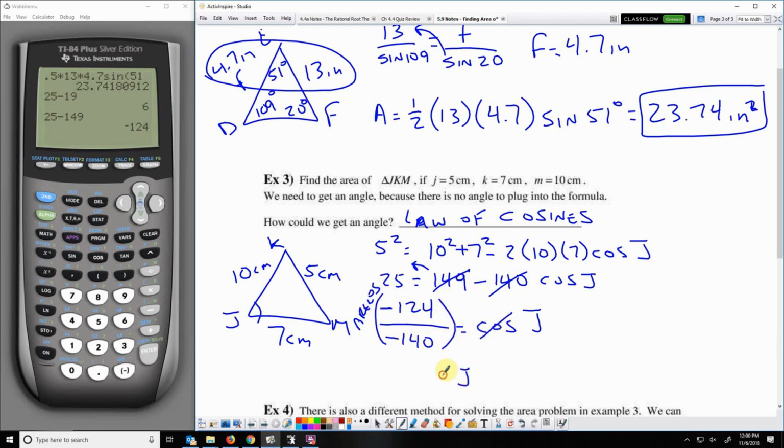And now I've got J all by itself. So arc cosine, and I can put in the negatives or just recognize that those cancel and just do 124 over 140. And I've got angle J at 27.66 degrees.